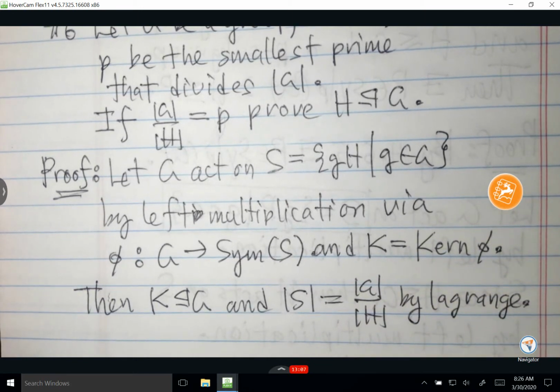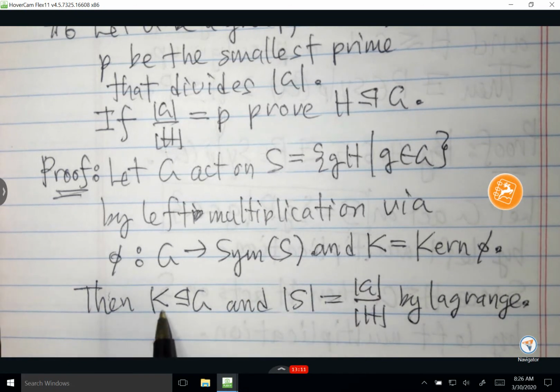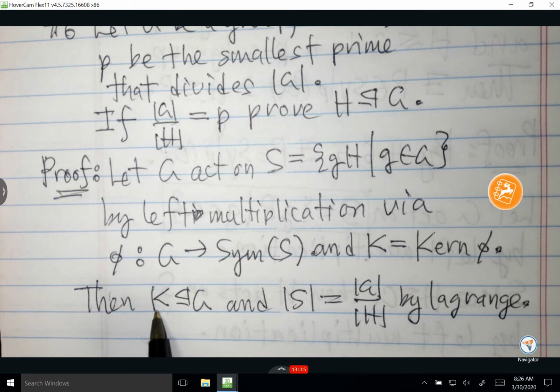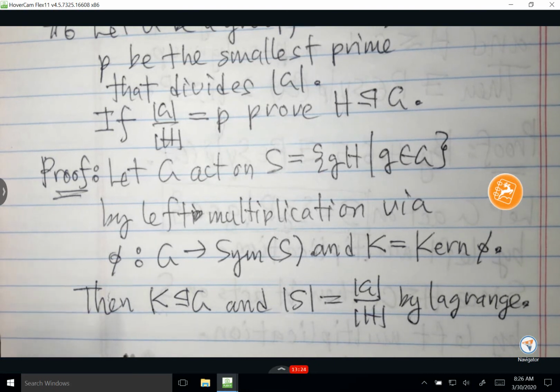Also, you've computed this kernel in a previous homework problem, many homeworks ago, back before spring break, back before COVID-19.